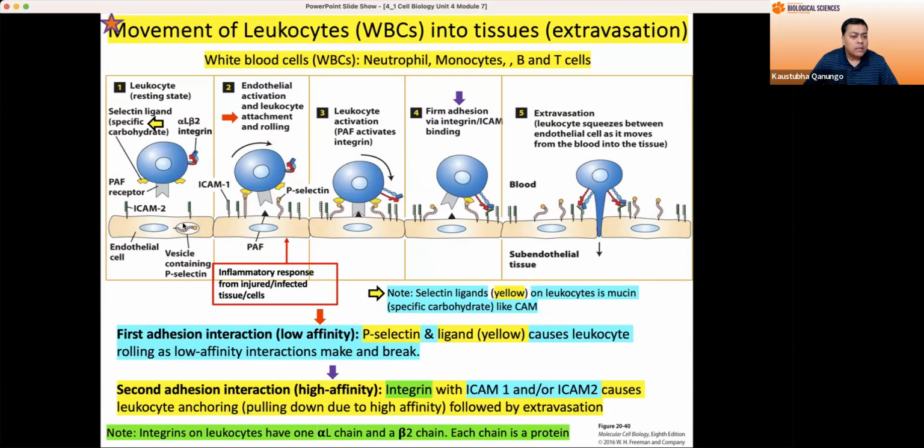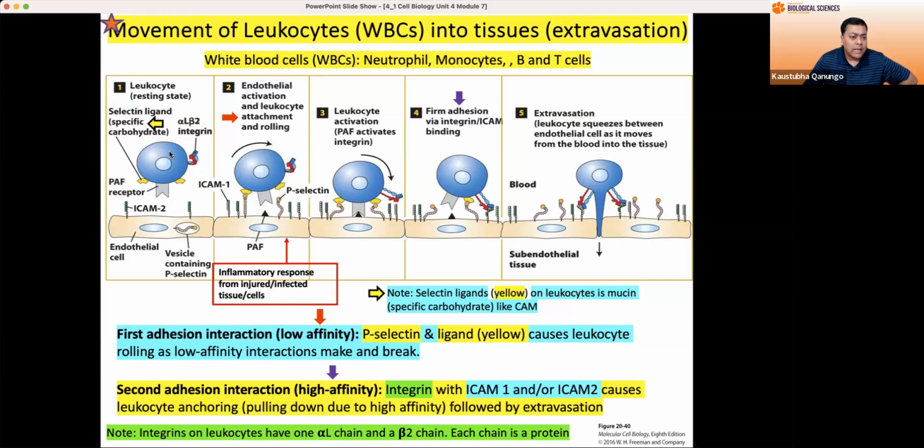They are already produced and stored in the cell, but they are not on the surface of these epithelial cells. And the top portion is essentially the lumen of the blood vessels. So remember that. On the other hand, these cells have these other cell adhesion molecules, which are ICAM1 right here, and ICAM2. ICAM1 and 2 are present all the time, but P-selectins are not.